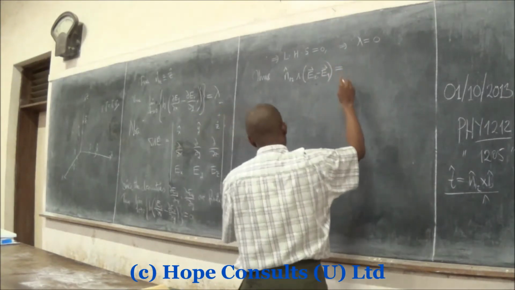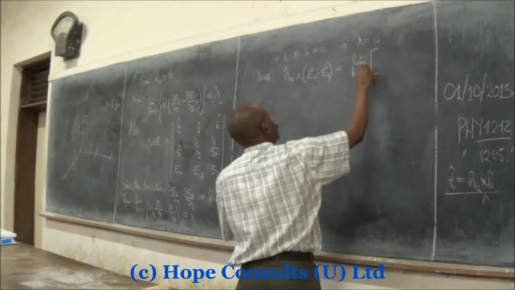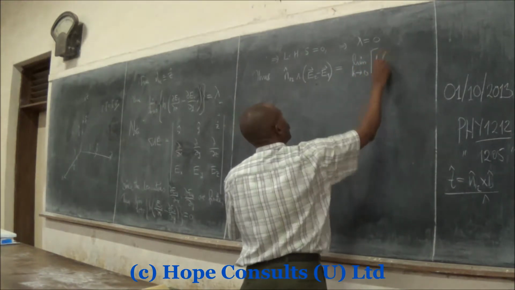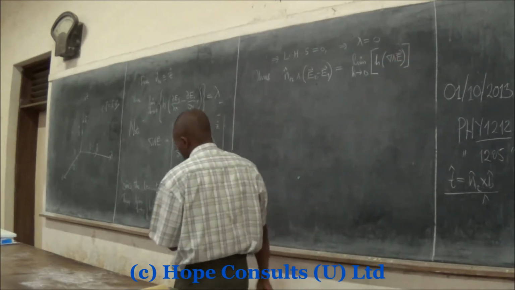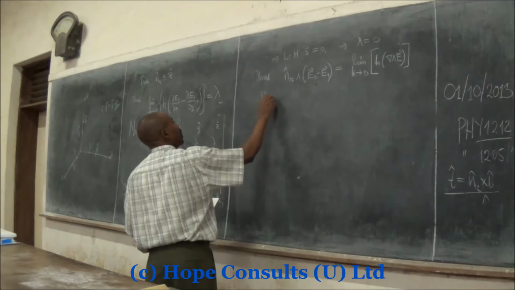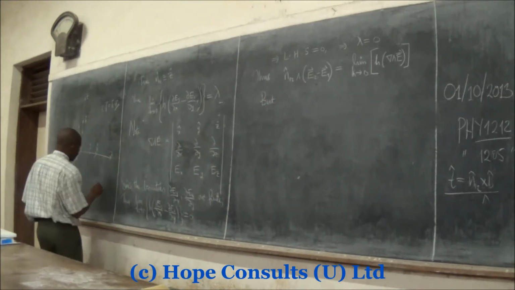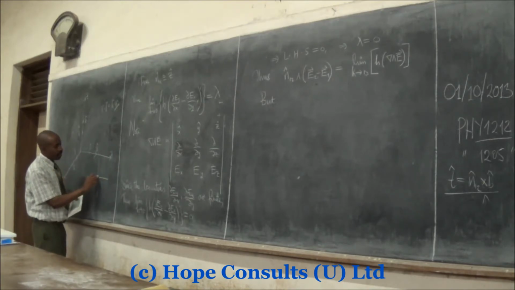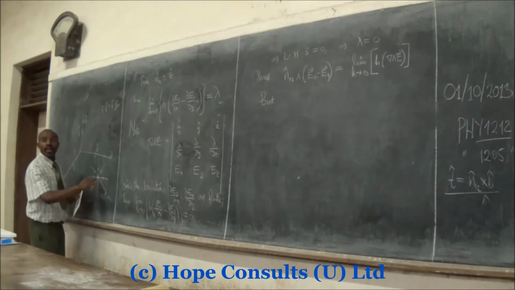This would be equal to the limit as h tends to 0 of h times the curl of E. But you know very well that from the word go, the mere fact that we have these outward electric field lines, when we try to curl these field lines, we get 0.